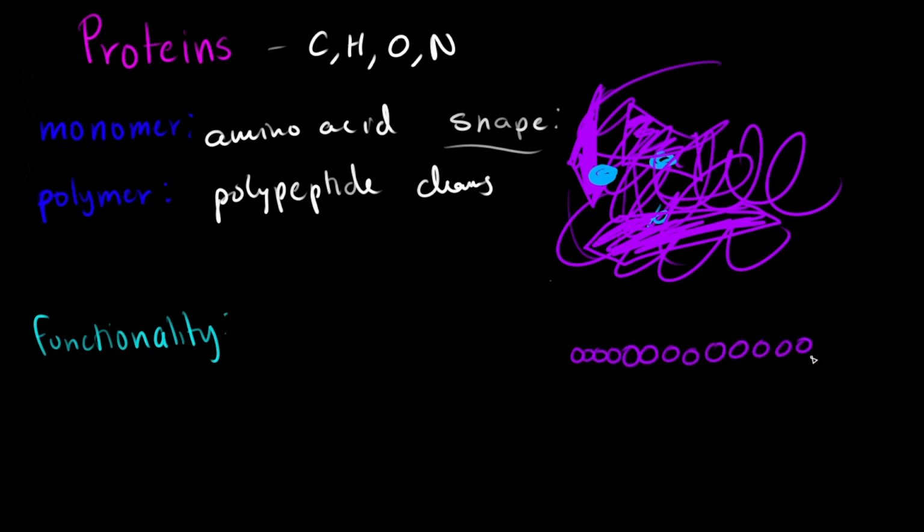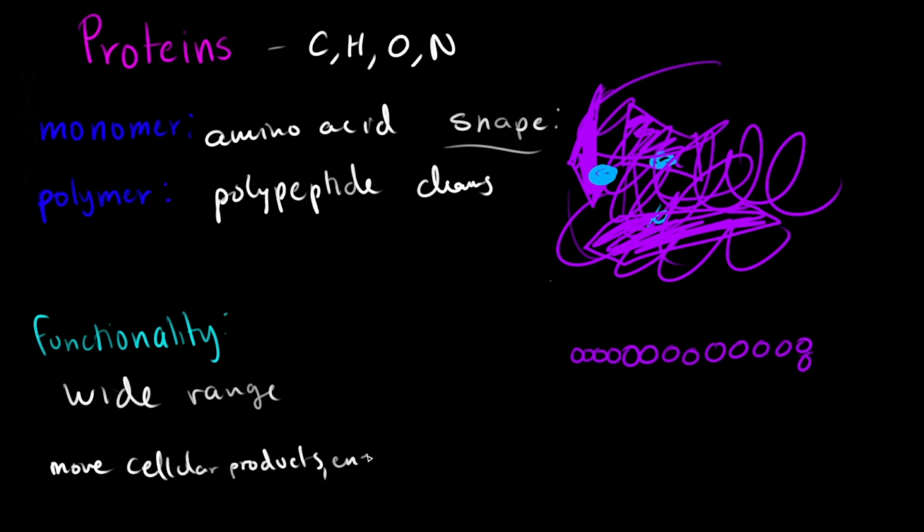And the thing is, these all look so complex because they have a complex functionality. It has a wide range of functions. To name a few, they help move things in your cell, move cellular products. They can create enzymes, which are catalytic products that carry out many reactions in your body.